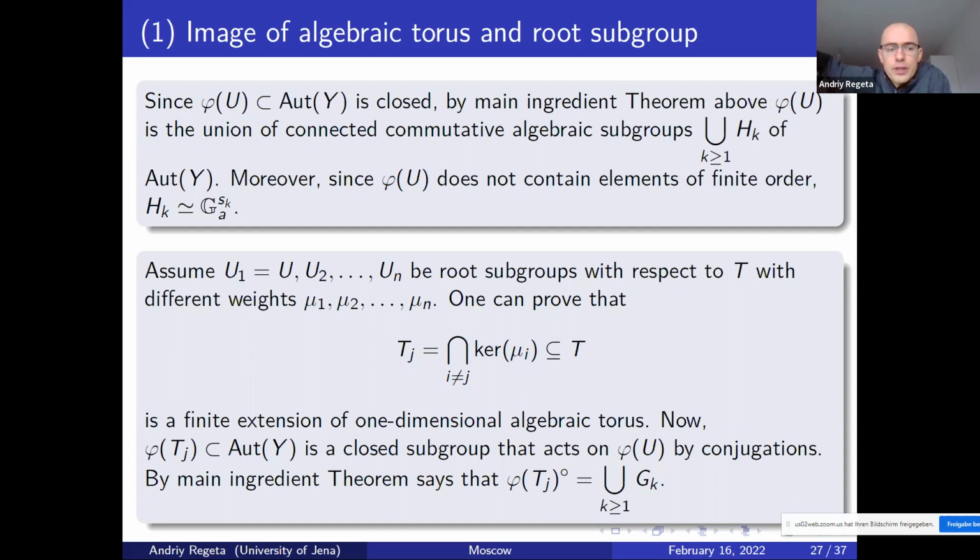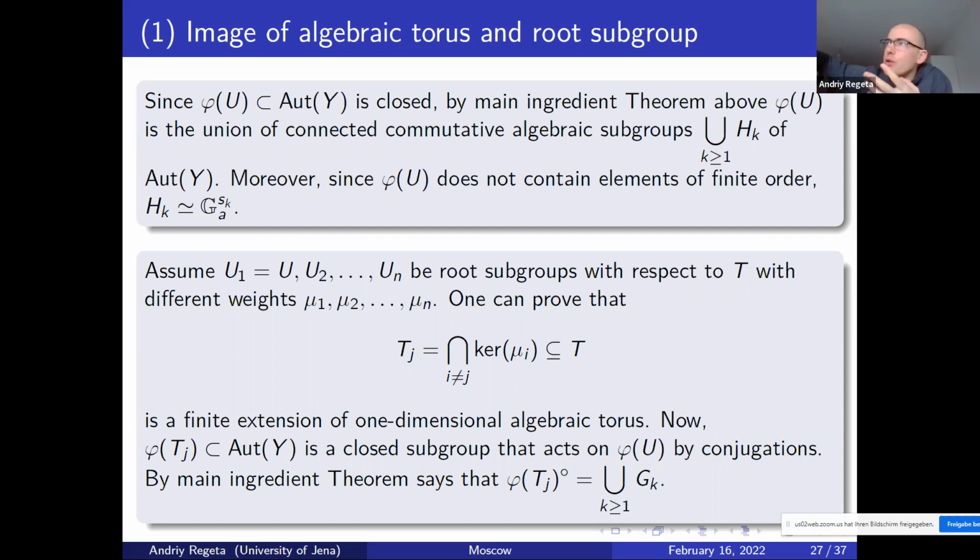Now, phi of T_yacht is a closed subgroup that acts on phi of u by conjugations. Well, why is it closed? Because it's inside of phi of t, and phi of t is closed.